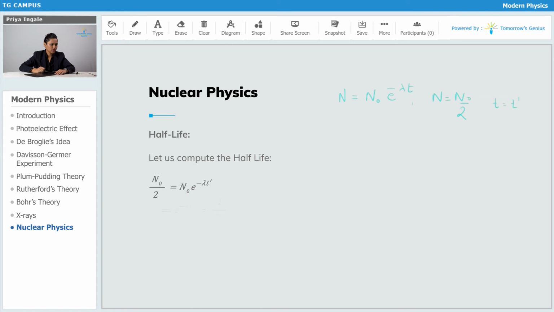When we calculate this, we get the result log to the base e of 2 equals lambda t dash, and we know that log to the base e of 2 is 0.693, right? So we get the half-life period as 0.693 by lambda. This is the final expression for half-life period, 0.693 by lambda.